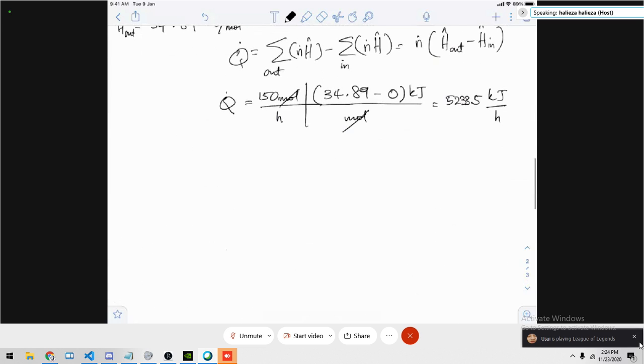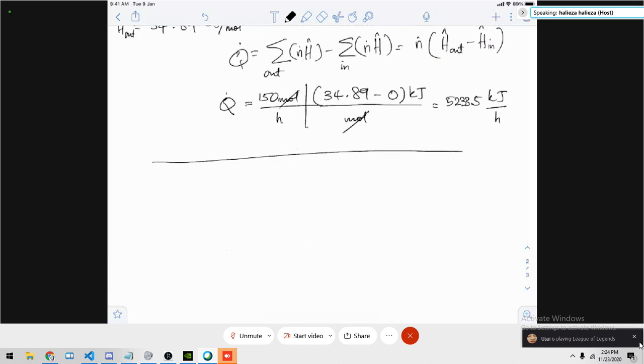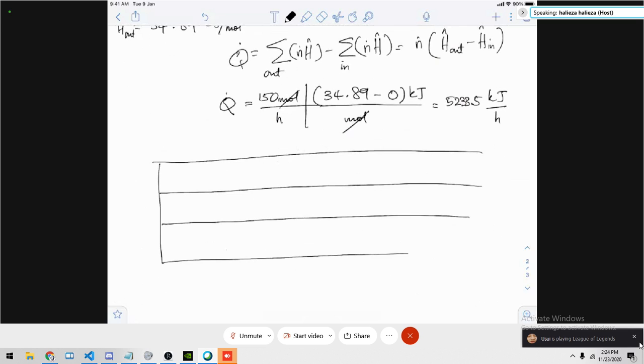I'm going to redo it using the table that I just mentioned to you guys just now. Okay, I'm going to tabulate it in a table. Since we have two components, I'm going to have two rows. This is ethane. This is propane.